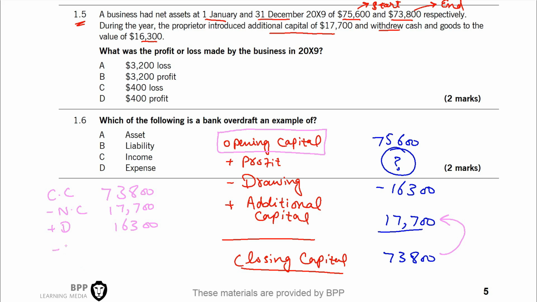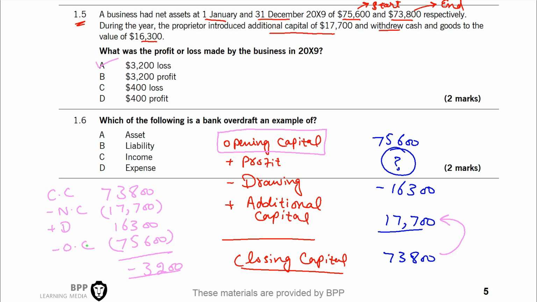So here we have the opening capital of 75600. Now if we perform the calculation, we will get the answer of negative 3200. That means it is our loss.